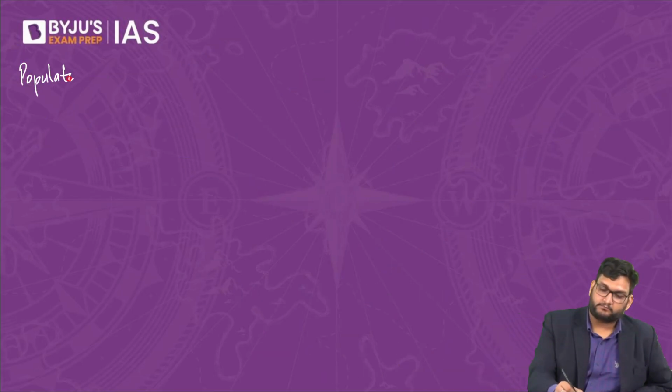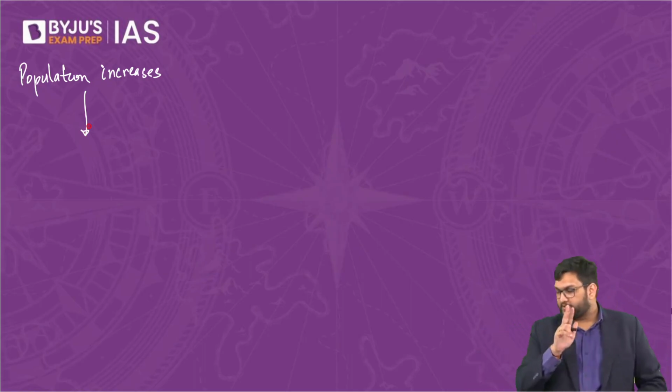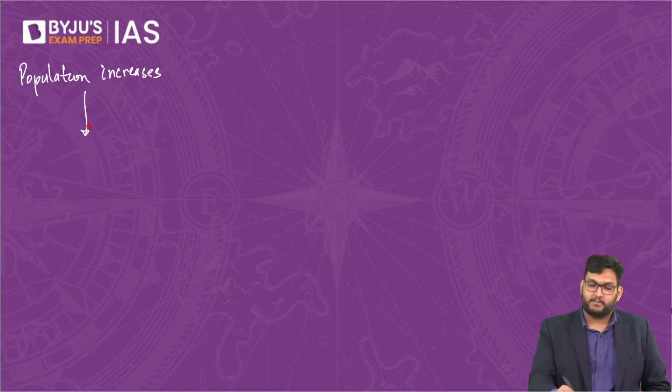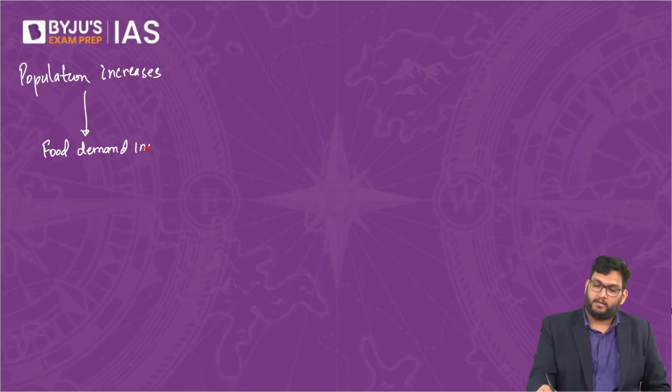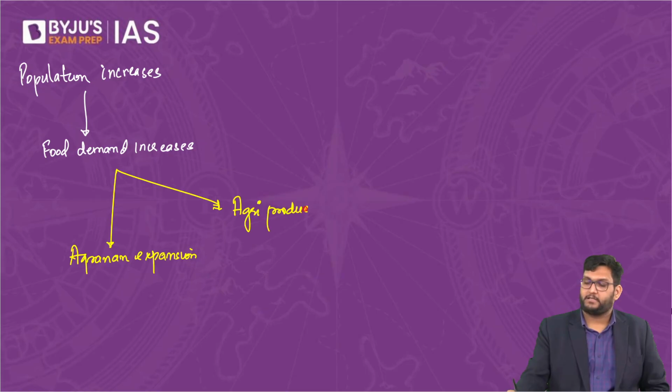Population increases. Food demand increases. Two paths: agrarian expansion or agricultural productivity increase.